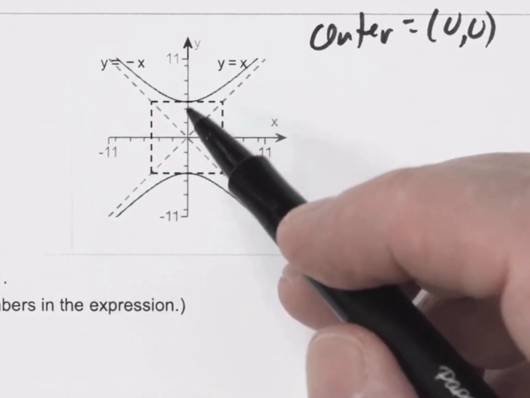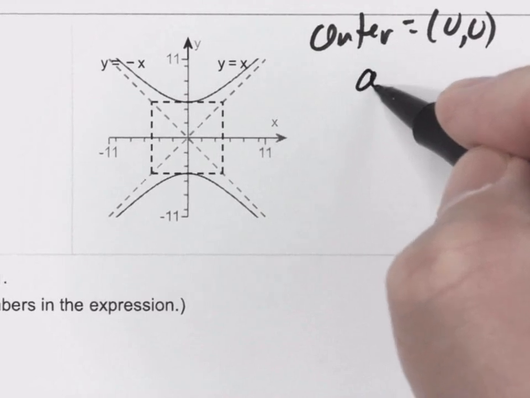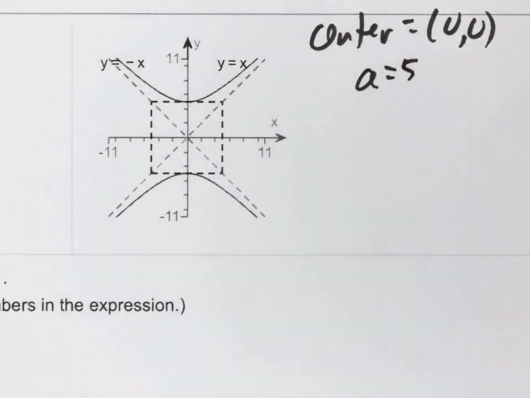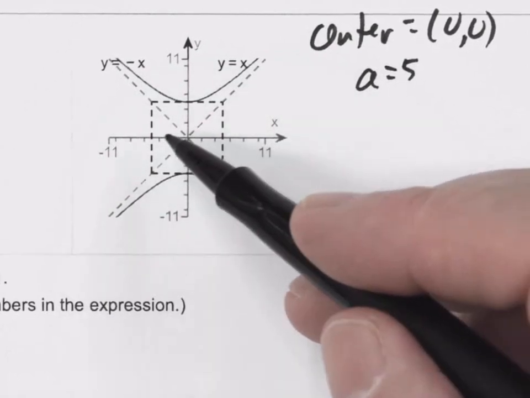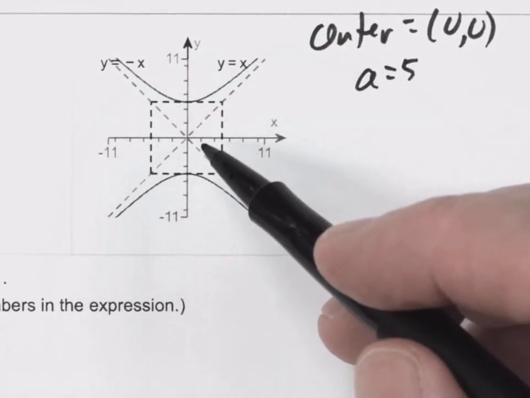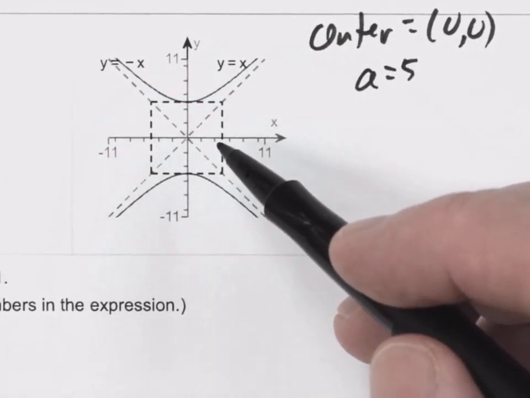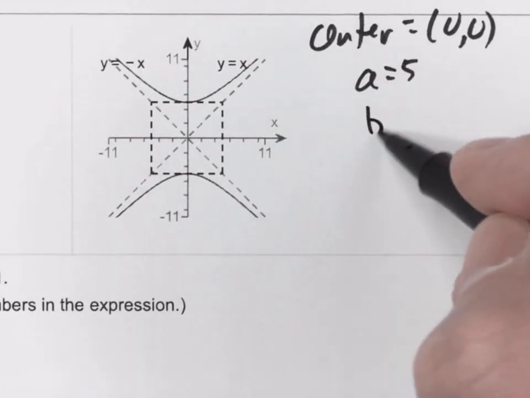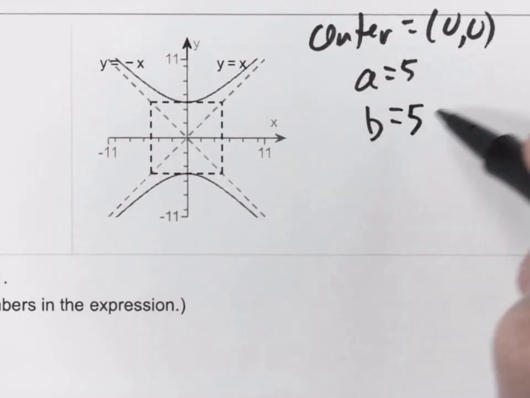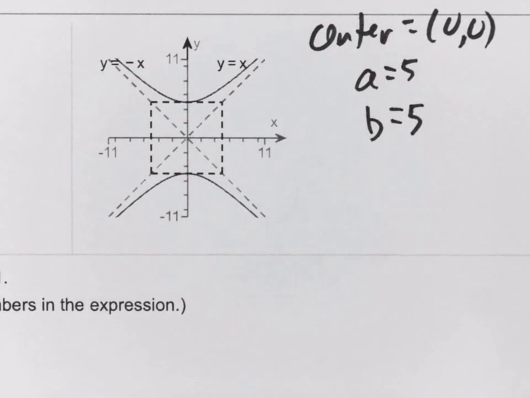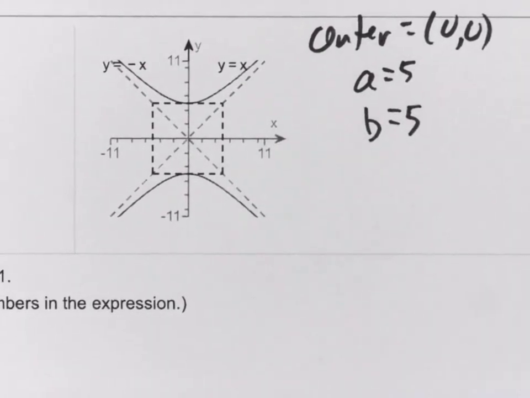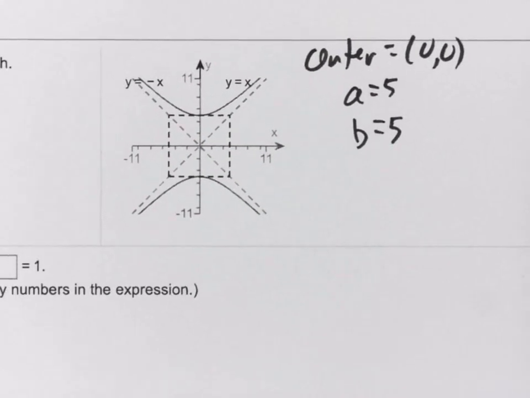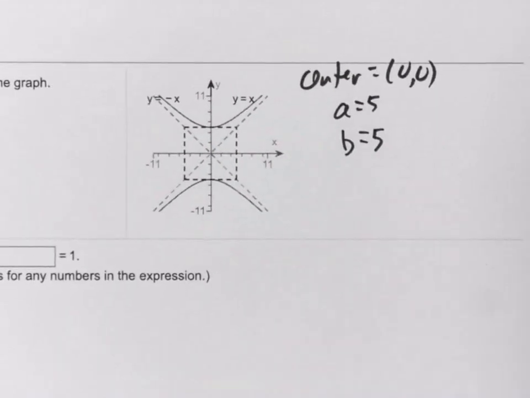So that distance is A. So I believe A is going to be 5. And this other direction, that distance is going to be B. So 2, 4, 5. I think A and B are both 5. And if I know the center and I know A and B, then I have what I need to come up with the equation.